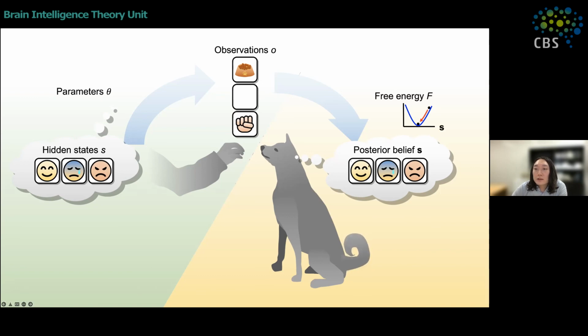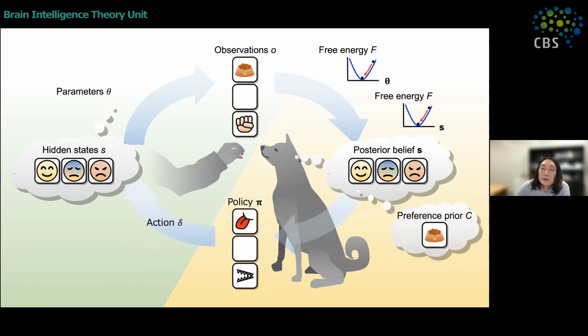And to achieve this inference, the dog also needs to update the parameters' expectation to minimize the free energy. And by doing so, the dog succeeds in the optimized inference about the hidden state in the external world.